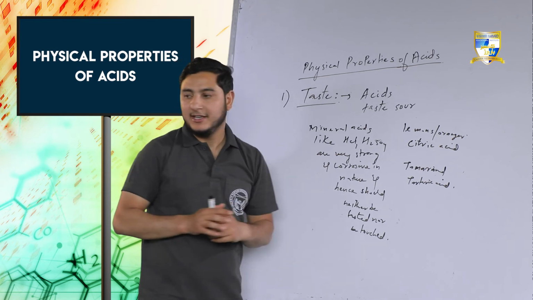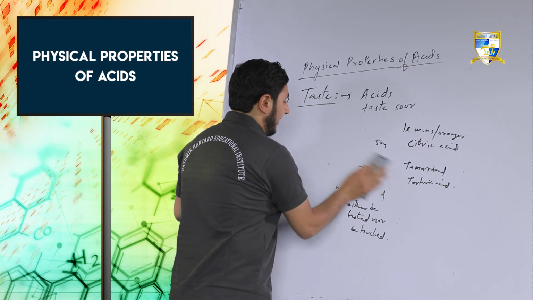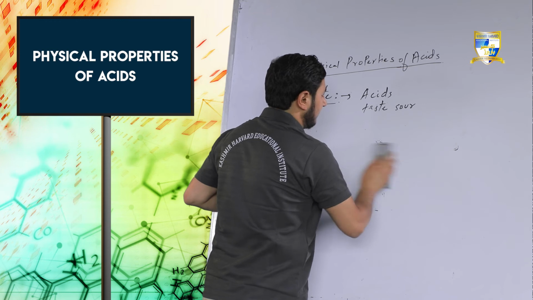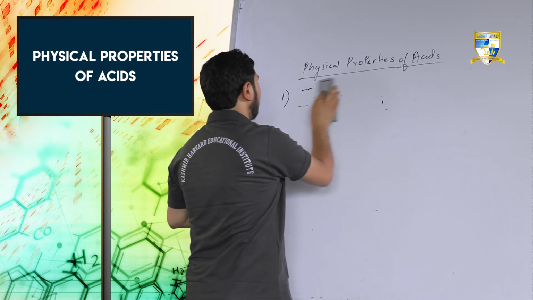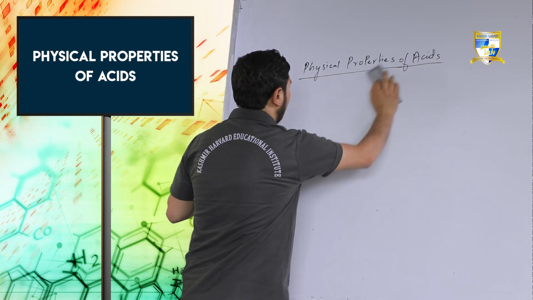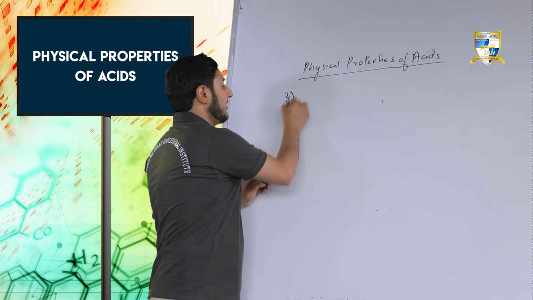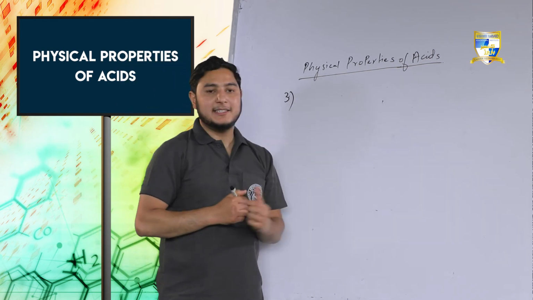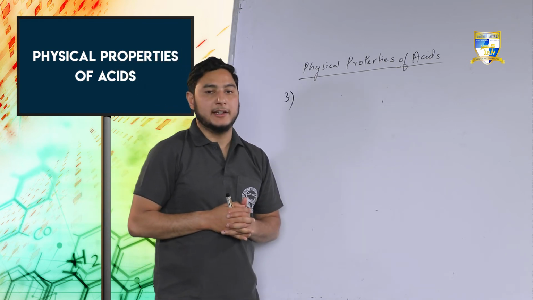Now the property number 3 of acids. Property number 3 is acids are good electrolytes. Now, what is an electrolyte?